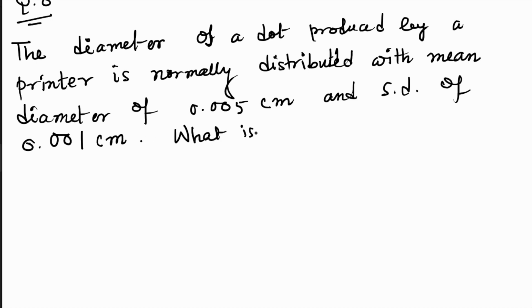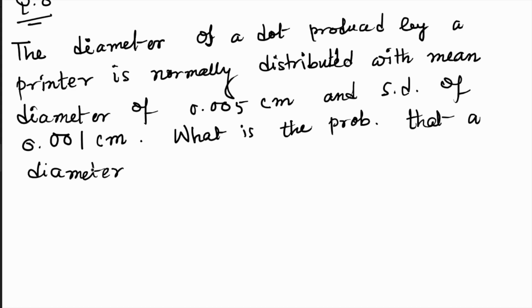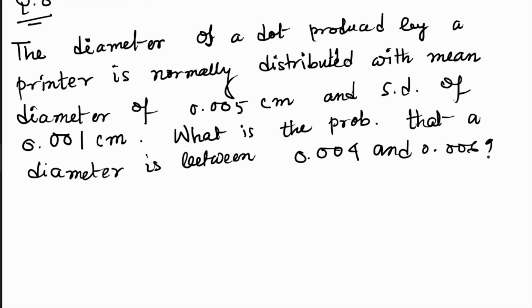what is the probability that a diameter is between 0.004 and 0.006?